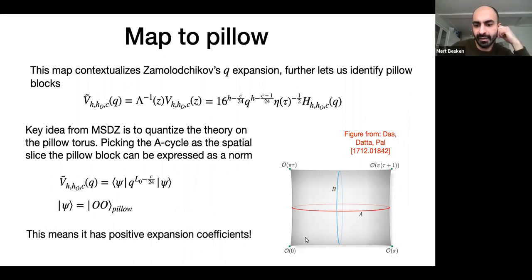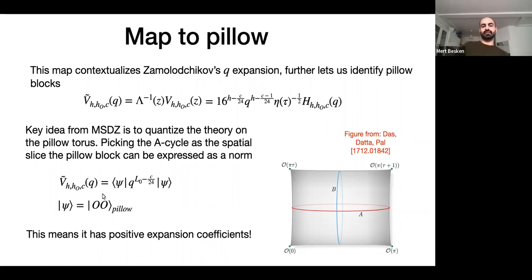So this is the pillow, you see the four punctures, it's just like a 4-punctured sphere expanded into a pillow. The states created by two of your operators are propagated by the Hamiltonian here on the torus, and taking the inner product with the bra version of it, you just get the pillow block.